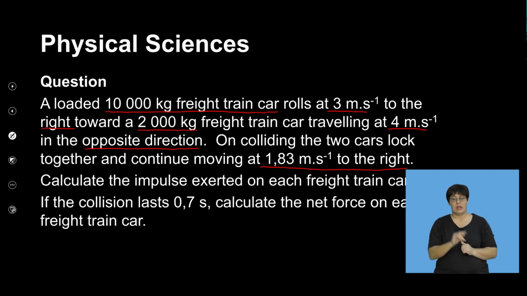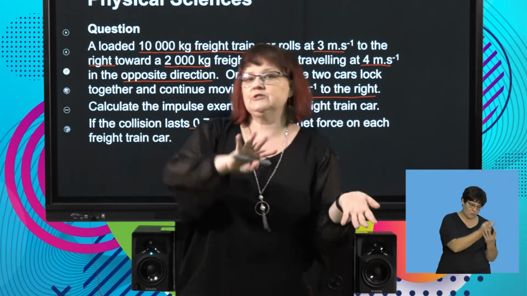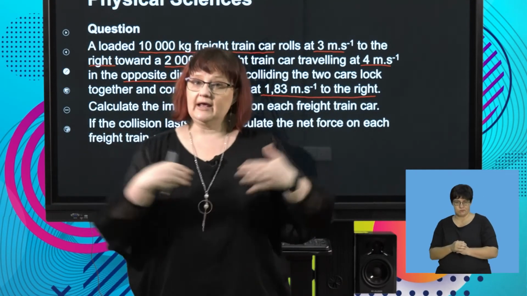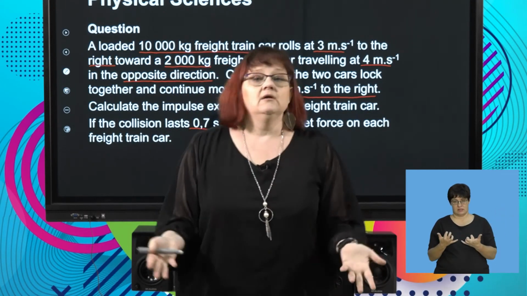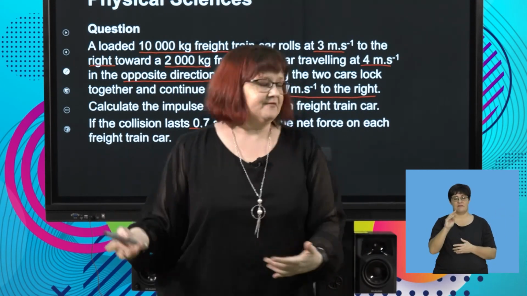Calculate the impulse exerted on each freight train if the collision lasts 0,7 seconds. This is the second question. Calculate the net force on each freight train. They've been really nice in this question in that they've given you all the before information and all the after information, and then they want you to calculate impulse and then F net.